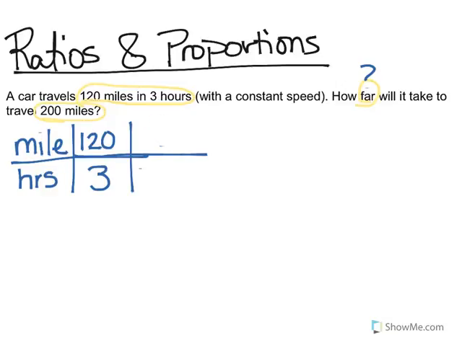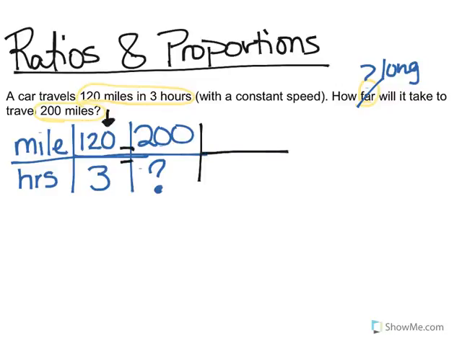So, that should be long. I don't know how long, but I know I'm going 200 miles. Okay. Now, a proportion says that these two are equal to each other. So to figure that out, I can look at my first fraction and see, can I simplify that? Yes. And because all these are equal, I'm just going to make another column in my table.